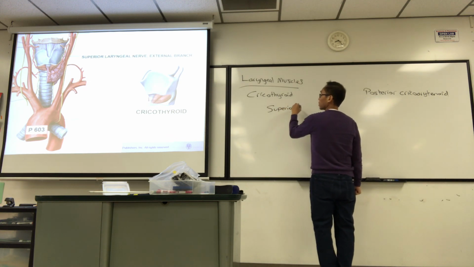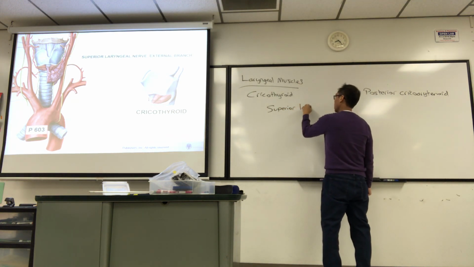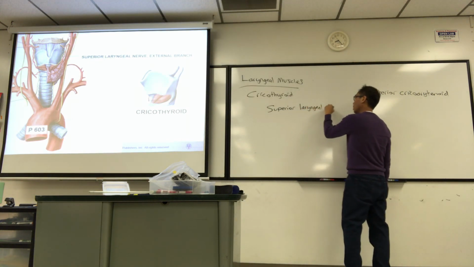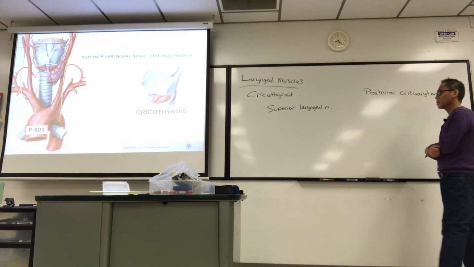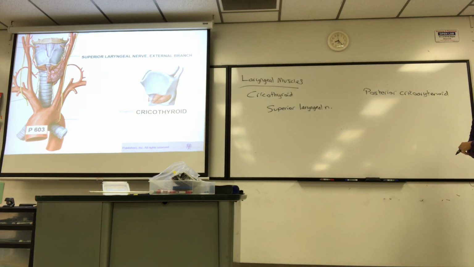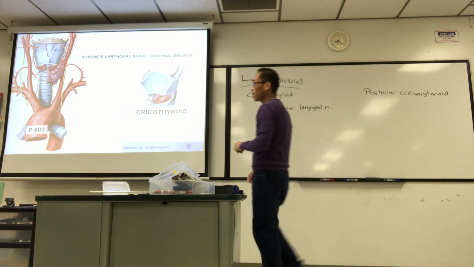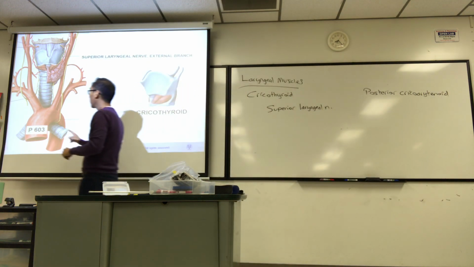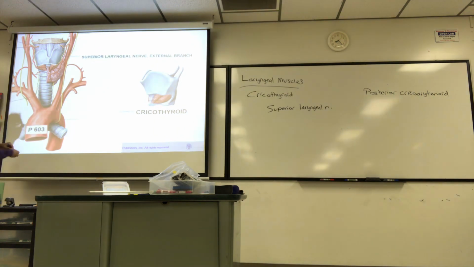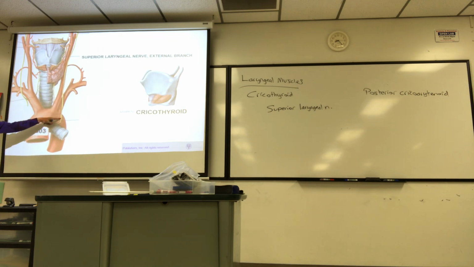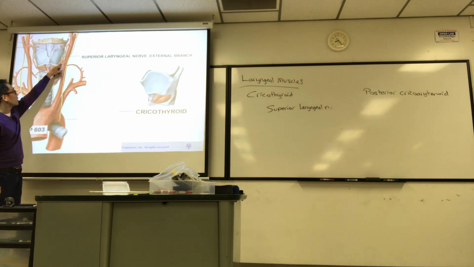It's a branch of the vagus nerve, and the reason why I put this picture in, it's different on the right and the left side. Notice on the left side, part of it goes down and comes up. This is called the recurrent laryngeal, which gives rise to the superior laryngeal nerve.